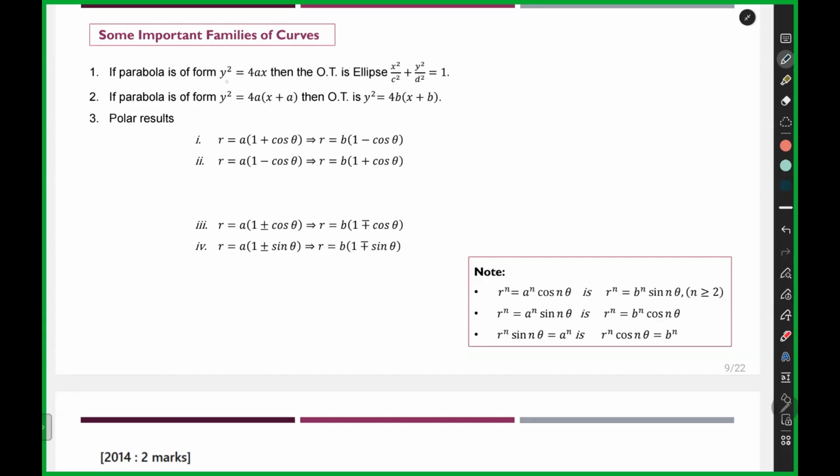If we have parabola of form y square is equal to 4x, then orthogonal trajectory is ellipse. And next, if the parabola is of form 4 times x plus a, then orthogonal trajectory is the same. So it is also called self-orthogonal.